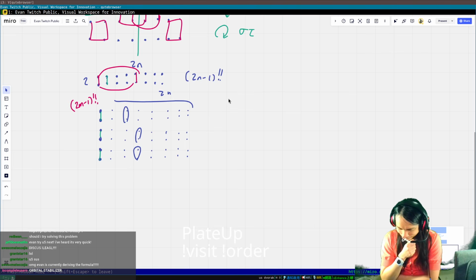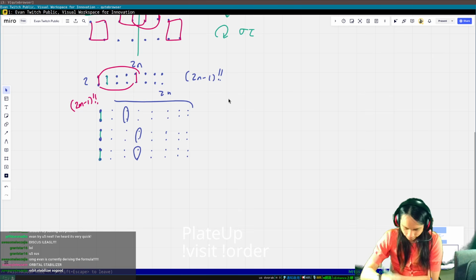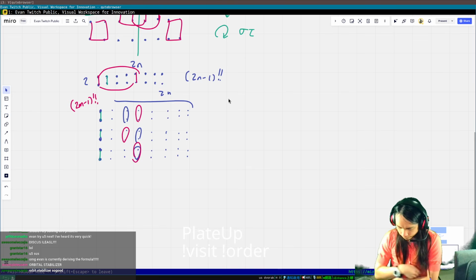Okay, I have to think this through. This thing is the same mod 2 as if I had gone like this. I toggled the top two.